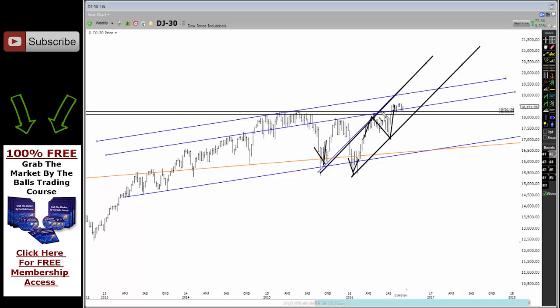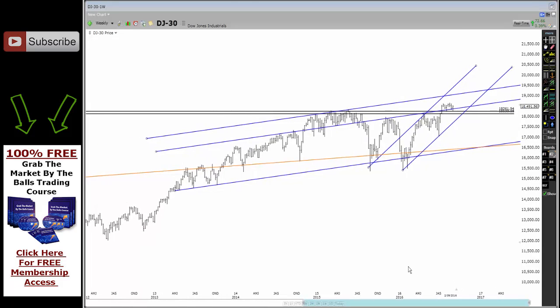So this is a big overall trend line. Over here at 19,000, 19,500, if they do start to push it back up, that's where I have a target up around here somewhere. If we start to break up above that double top we're experiencing right now, that's what I see happening and forming on the chart itself.